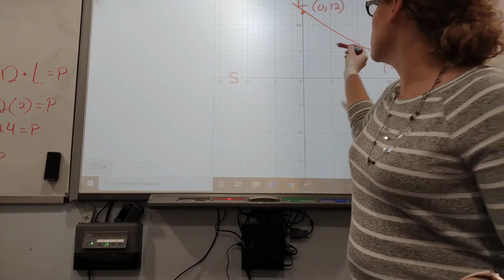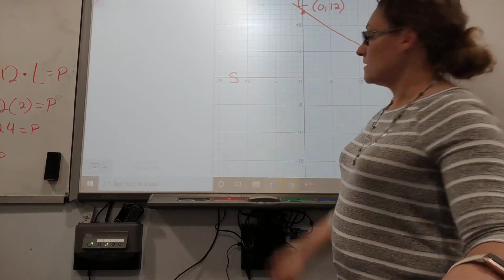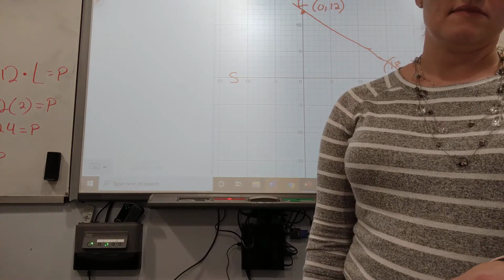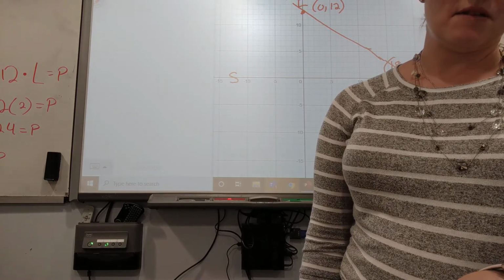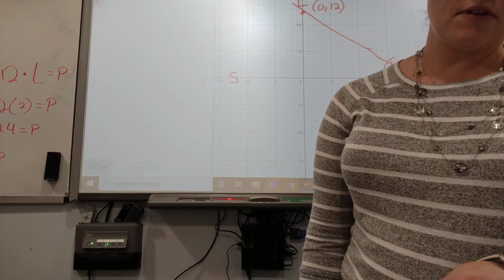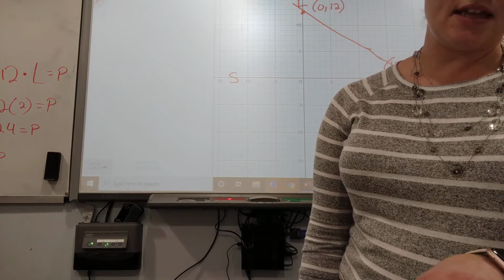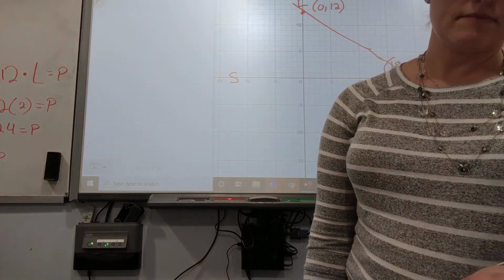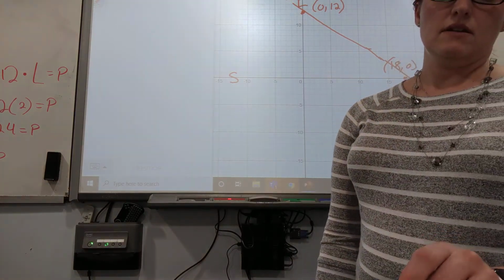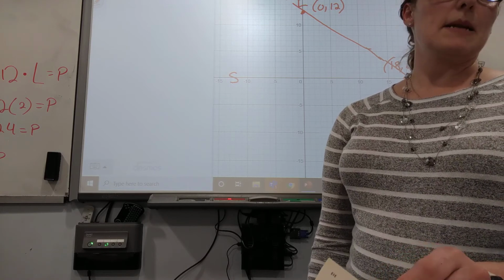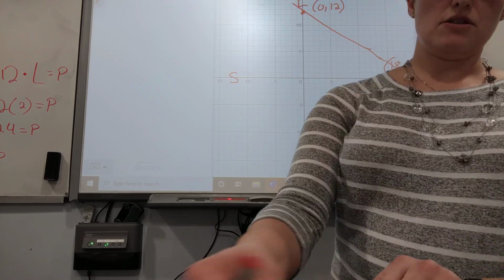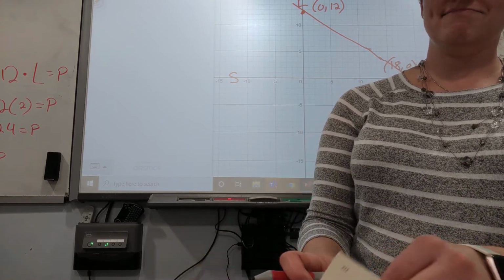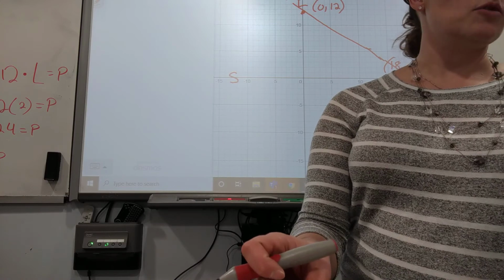You can honestly choose any one of these that are on there. So they have 0, 12, they have 6, 8, they have 12, 4, they have 18, 0. All right, any questions? Okay, this is a little confusing, so if you have any questions, just raise your hand. I will do my best to answer. I may not have the answer, but I will find the answer with you.